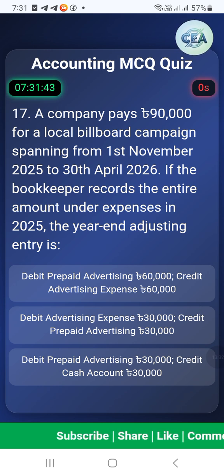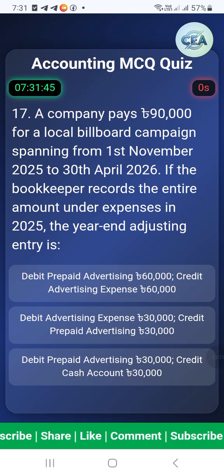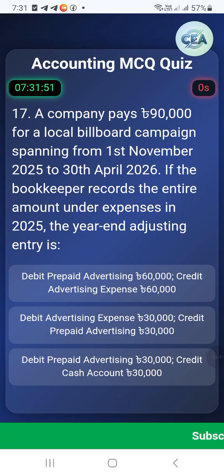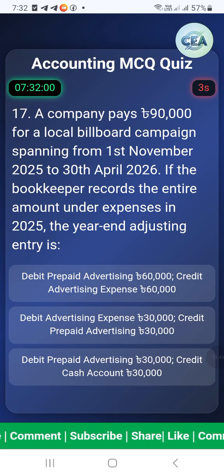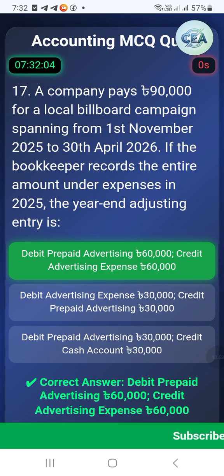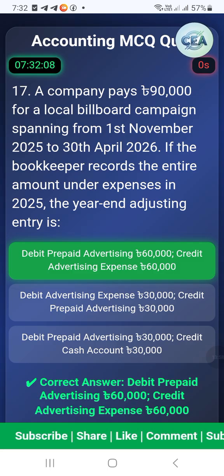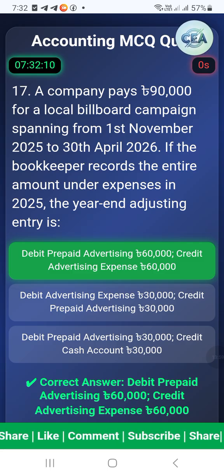Debit advertising expense 30,000 takas, credit prepaid advertising 30,000 takas. Option 3. Debit prepaid advertising 30,000 takas, credit cash account 30,000 takas. Correct answer is debit prepaid advertising 60,000 takas, credit advertising expense 60,000 takas.